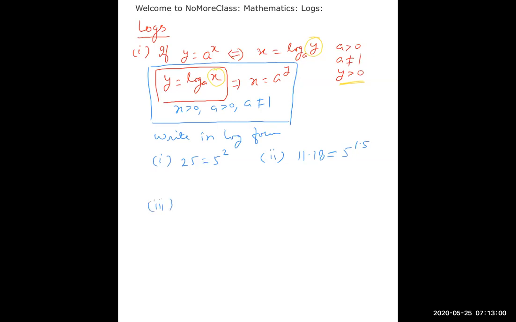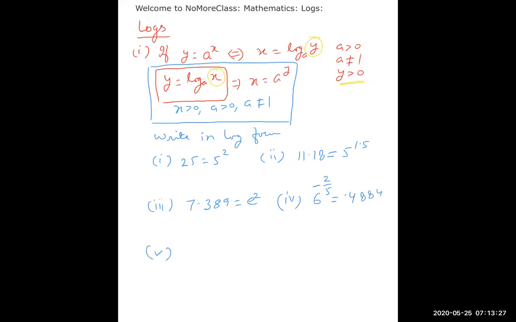Third, 7.389 is equal to e square. Fourth, 6 raised to power minus 2 upon 5 is equal to 0.4884.